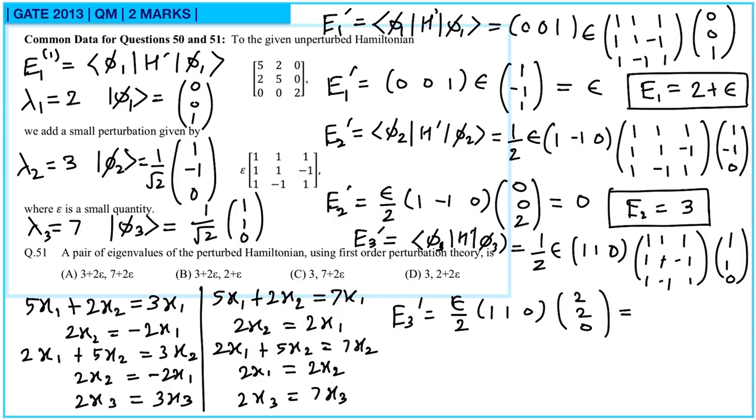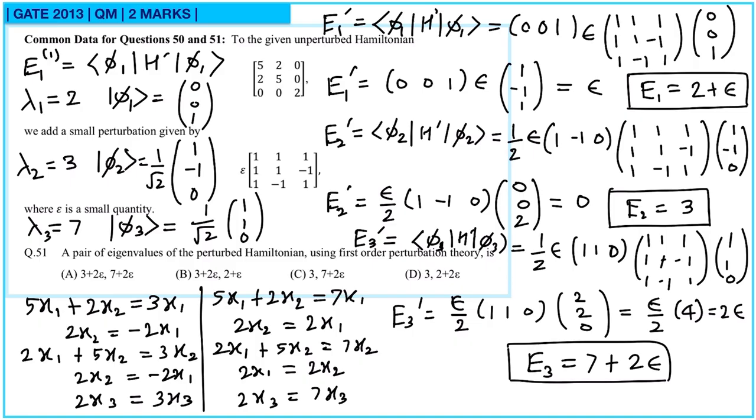So this is 2 plus 2, and that is equal to 4. So epsilon by 2 into 4, which is equal to 2 epsilon. So we will get E3 is equal to 7 plus 2 epsilon.